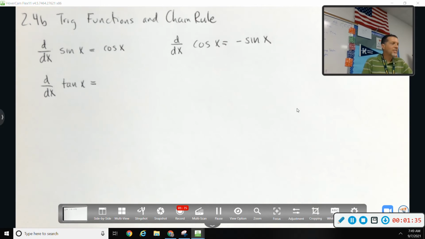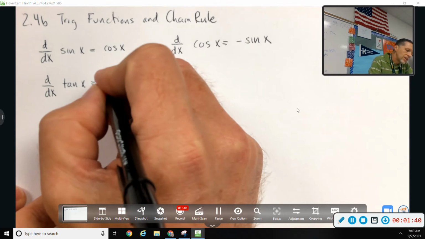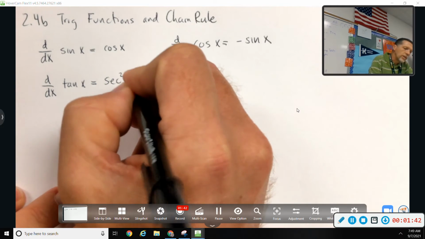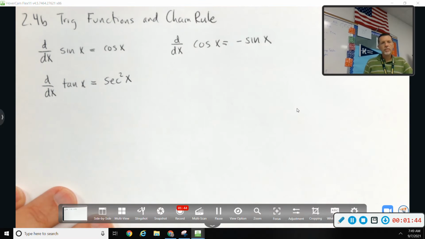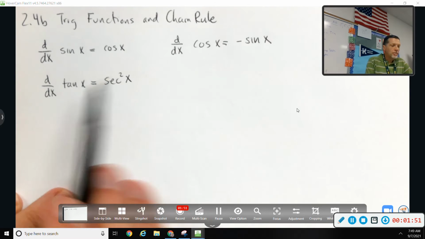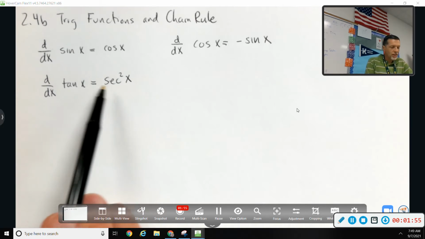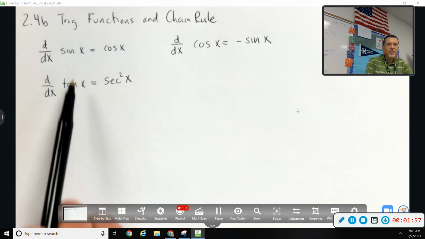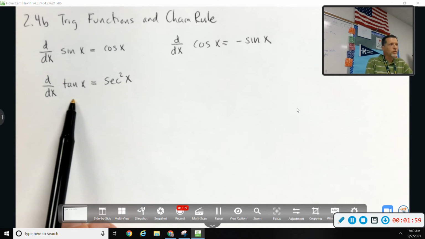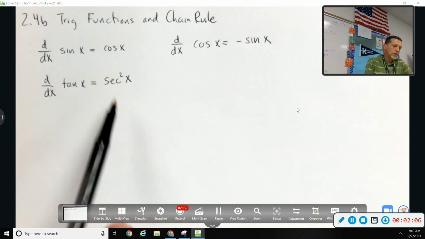I'm not even going to ask you to guess, because there's likely no way you would guess this, but the answer is secant squared. Not that you would, but if you wanted to prove to yourself that that was right, you could rewrite tangent as sine over cosine and then use the quotient rule. And it would take some trig and some algebra and some time, but eventually it would reduce to secant squared.